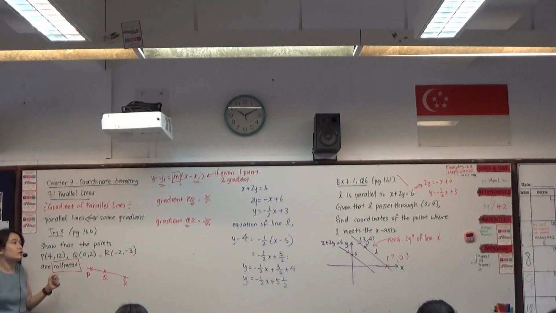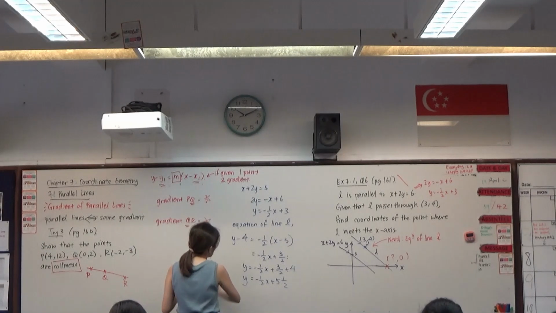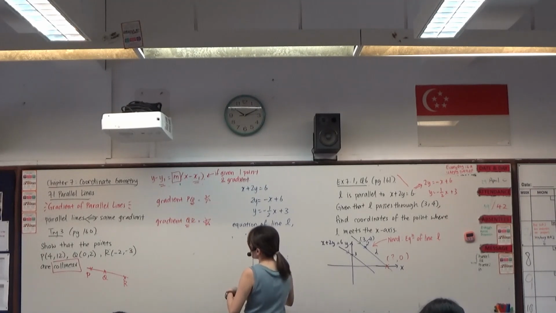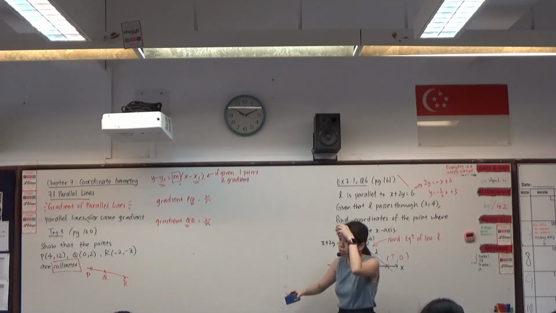You understand? So you cannot just see that the gradients are equal and say they are collinear. You can only say they are parallel. You need the extra information, the common point between the 2 lines, in order to say it's collinear.